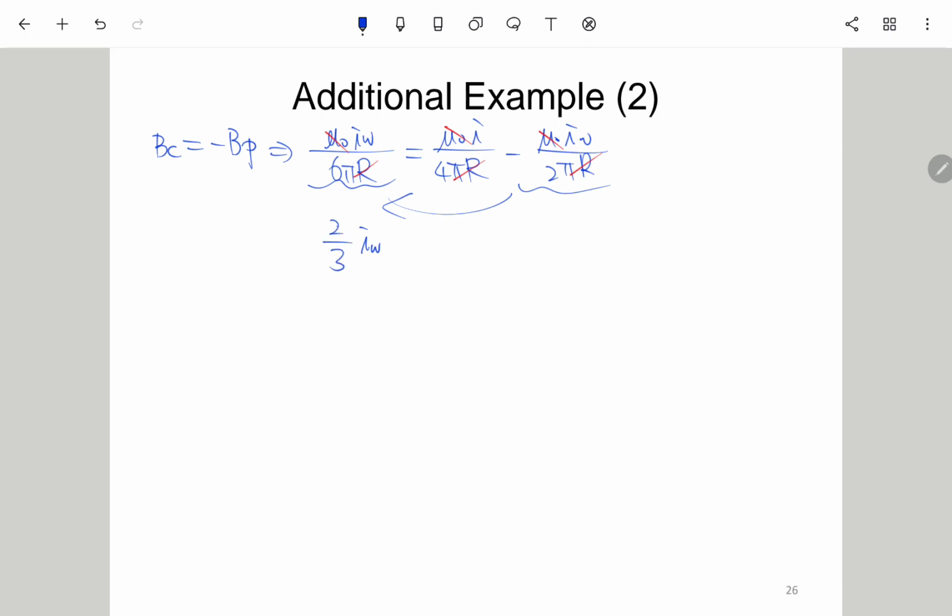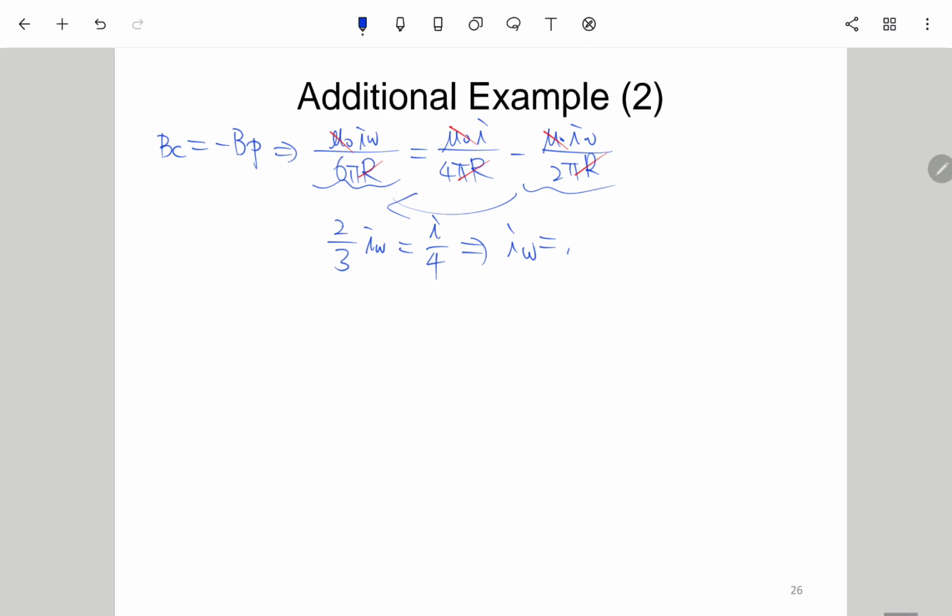So 2 over 3 IW equals I over 4. Actually IW will be I times 3 over 2 times 1 over 4, which is 3 over 8 I.